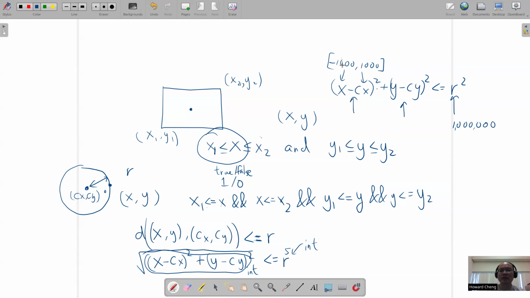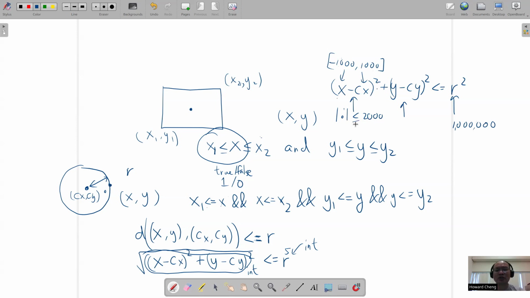And here, if x and cx can be at most 1,000 or negative 1,000, the difference can become, at most, in absolute value, so how do I write this? The absolute value of this thing is at most 2,000 because the worst it can get is one of them is negative 1,000 and the other one is positive 1,000.